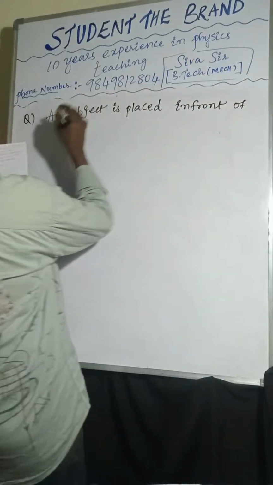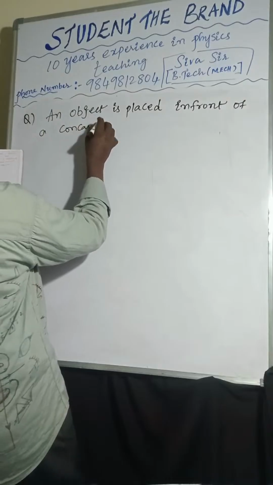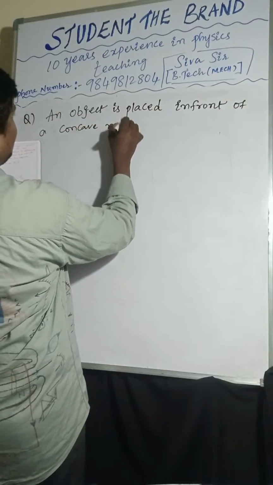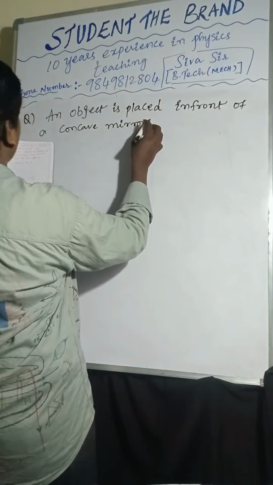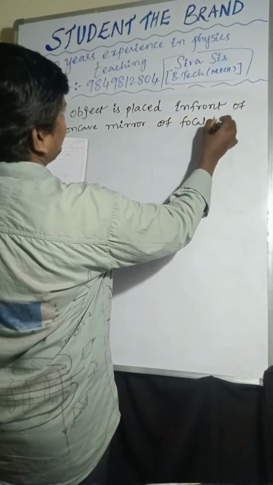Distance opposite along the incident trace is positive. Distance opposite to the incident trace is negative.